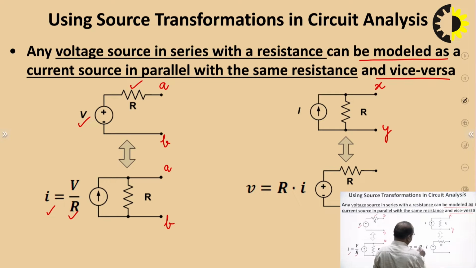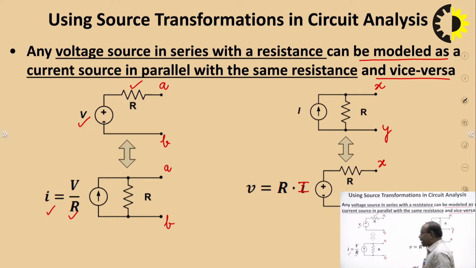So, the voltage of the voltage source will become R into I, that is this, and the same internal resistance R will now be connected in series with the voltage source, and this will be across the same terminals X and Y.